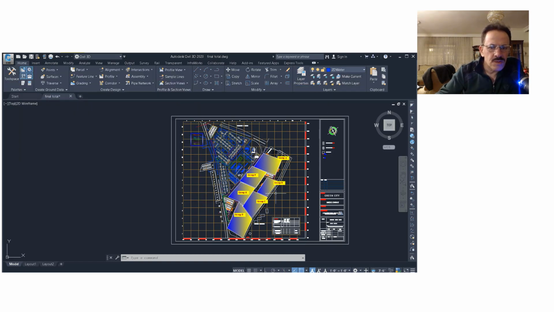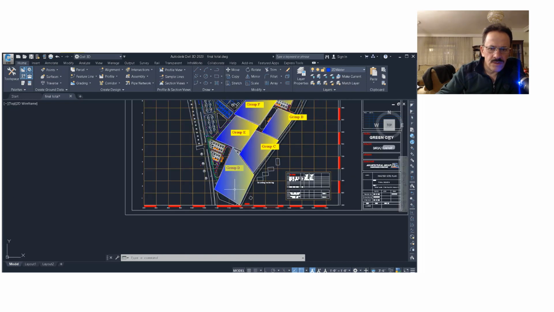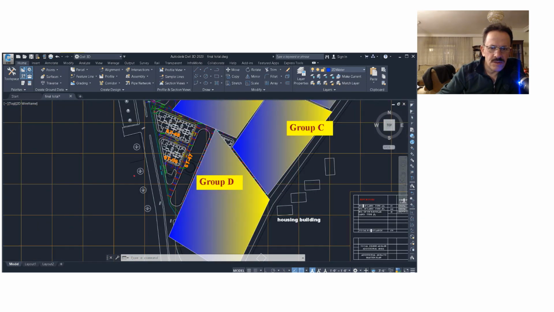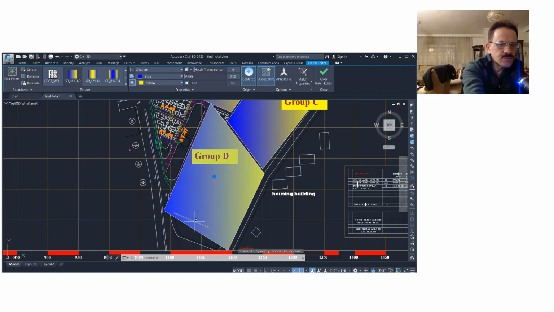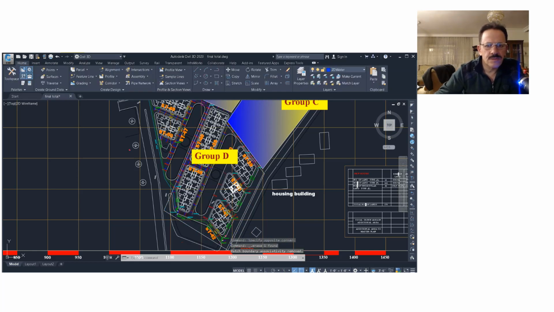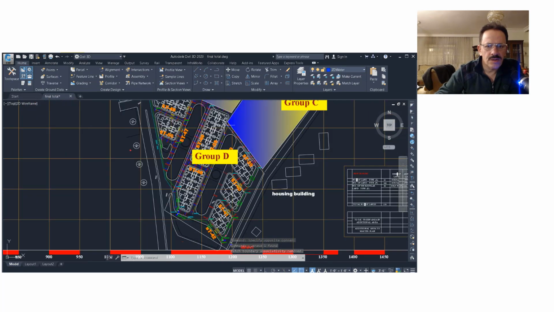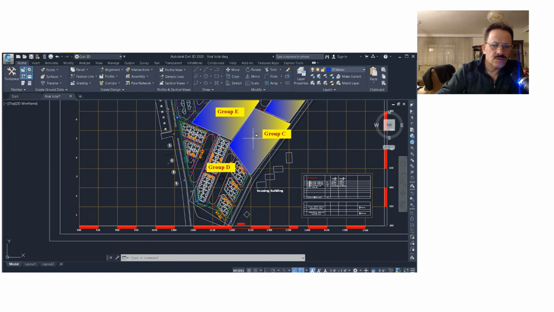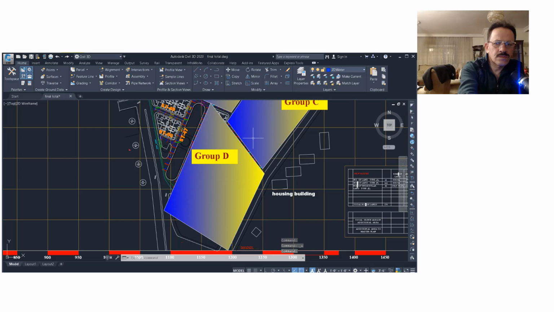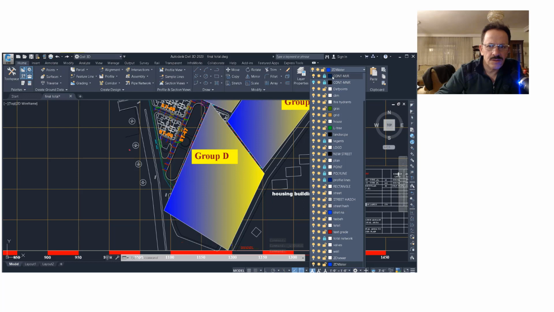If I want to remove the others, let me say my group is here, so I want to check with this zone. This is zone D. So I know that this is all my boundary of the work, so there's no need to have the other zones.